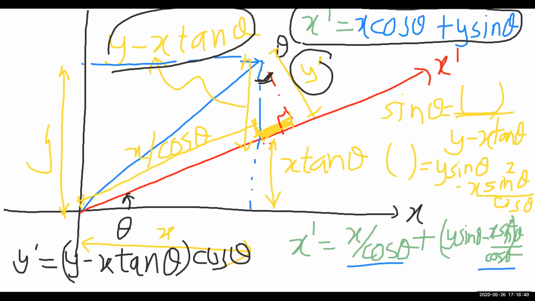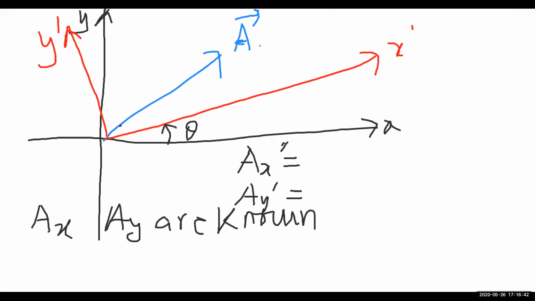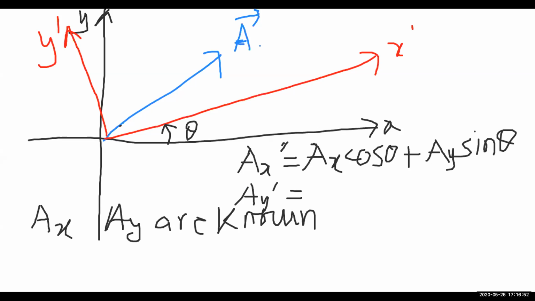So they would be equal to the original x component into cosine theta plus the original y component into sine theta. A dash y would be equal to minus ax sine theta plus ay cosine theta.